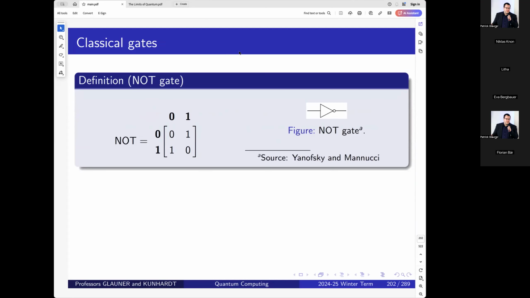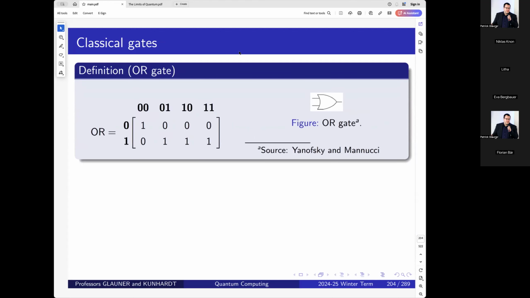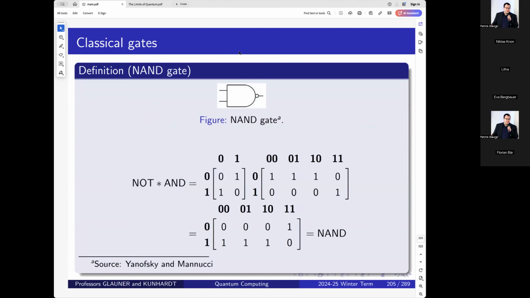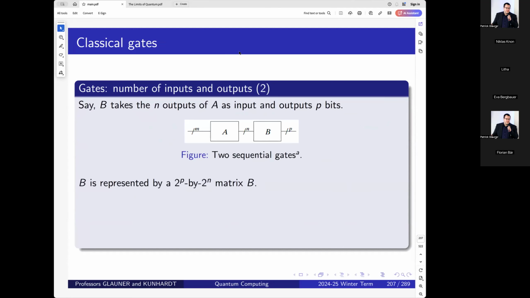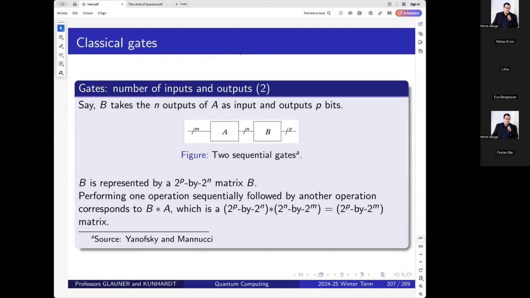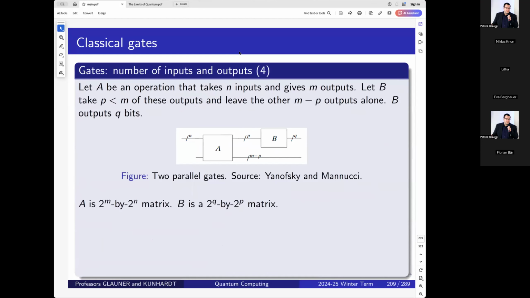We used exactly that to describe our classical gates, like the NOT gate, the AND gate, the OR gate, the NAND gate. And we saw how we can have 2 gates in sequence, and it's all just the same approach over and over, that we multiply our matrices and we have our states represented as column vectors.